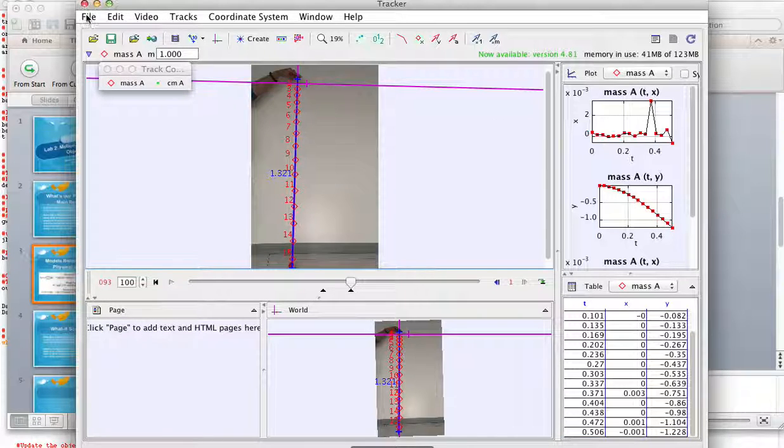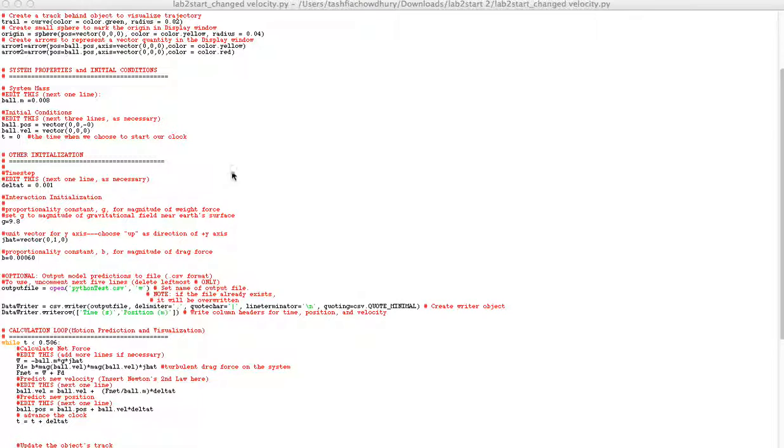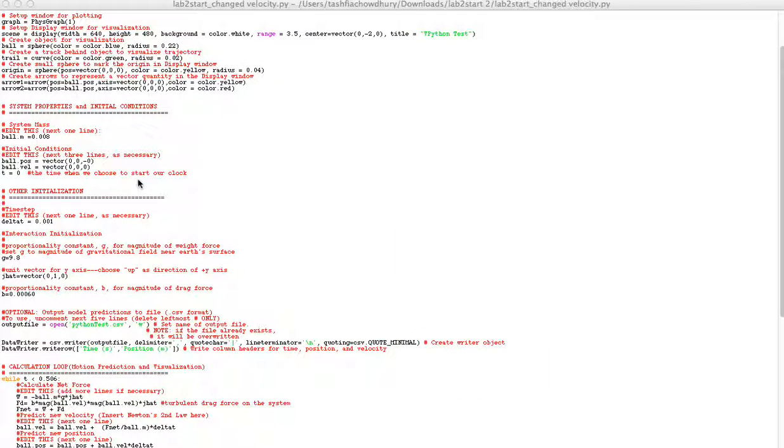Now, let's take a look at my code for my computational models. So here's the code showing both. This is a computational model for both drag and gravity being factored into it.